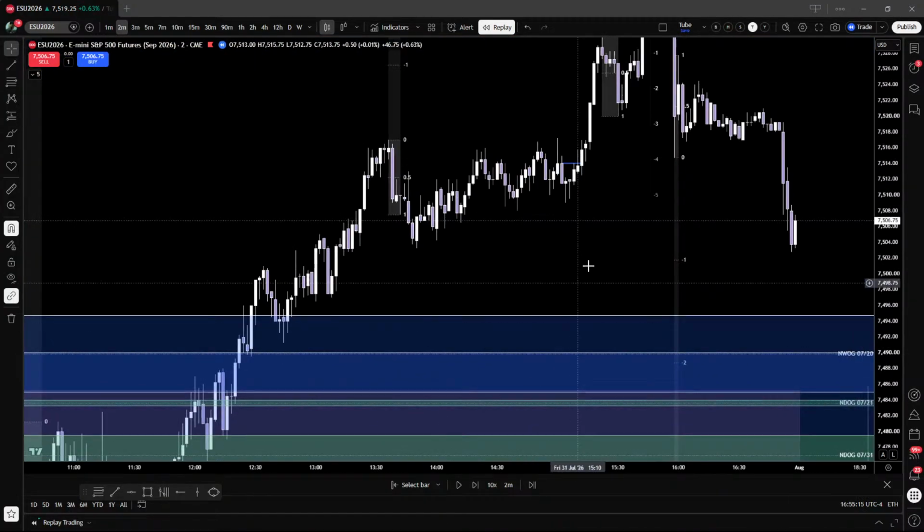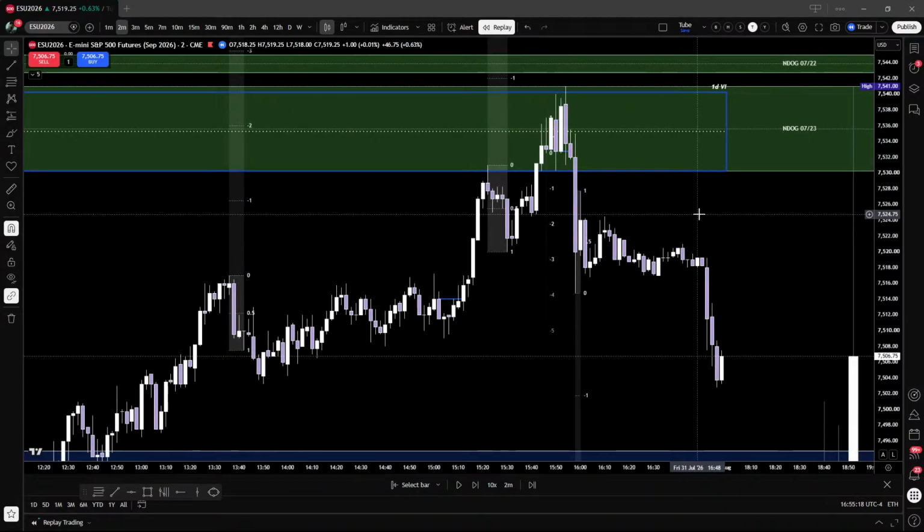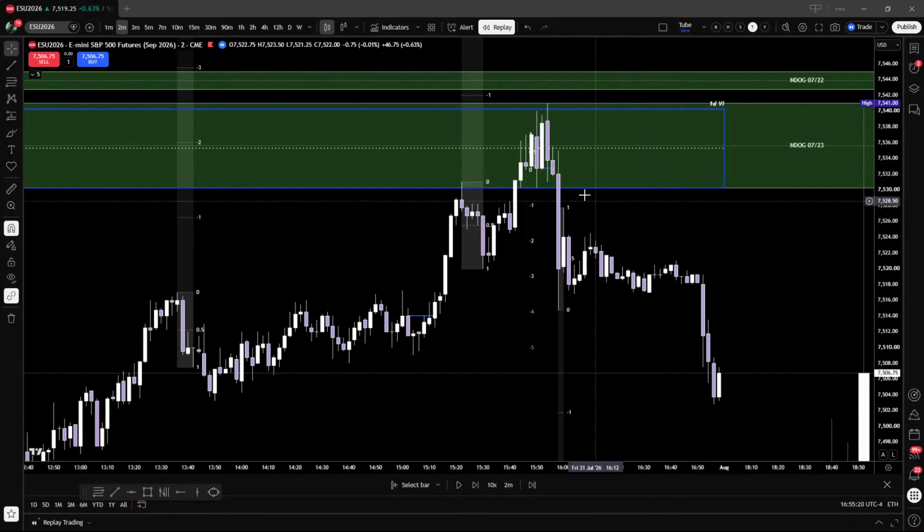Anyway, this is a fast move here, right? It looks the best here, I think, on the 2 minute for the purpose of me explaining it. Again, it's a double top, right?